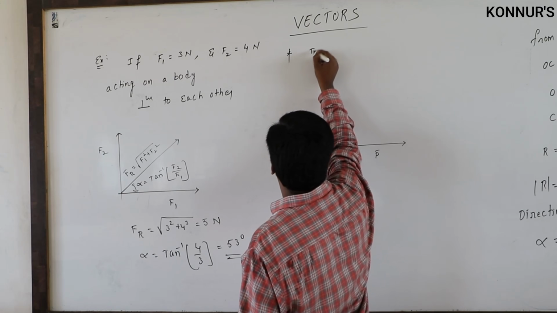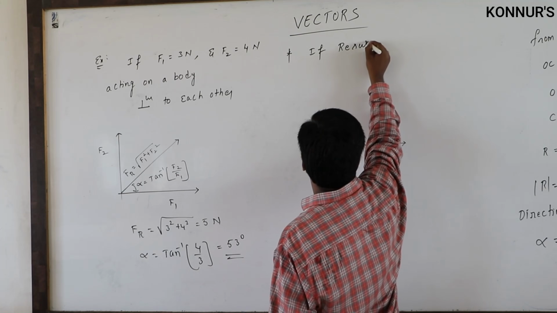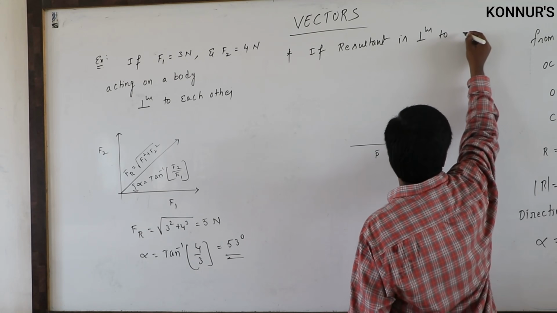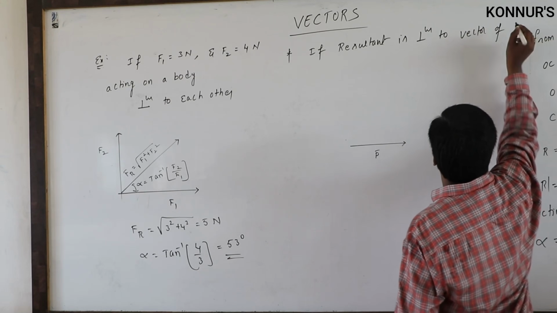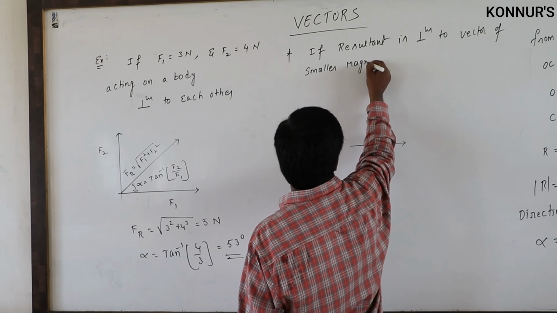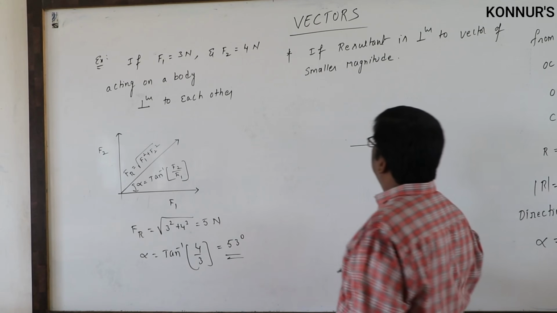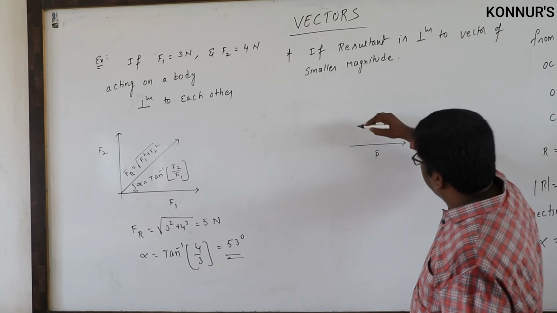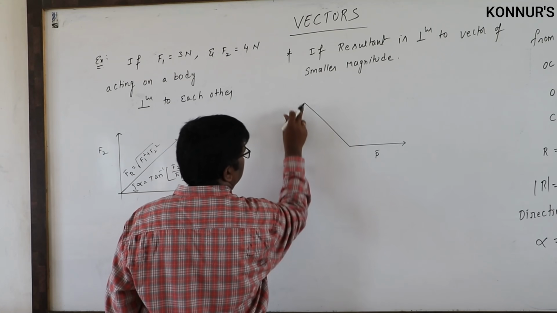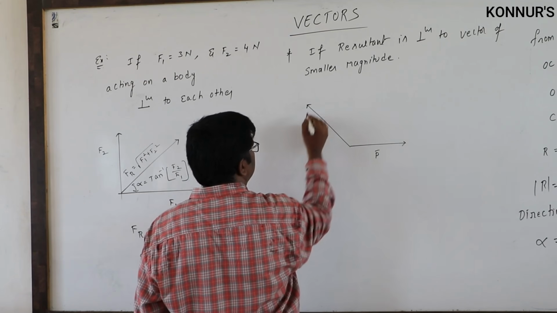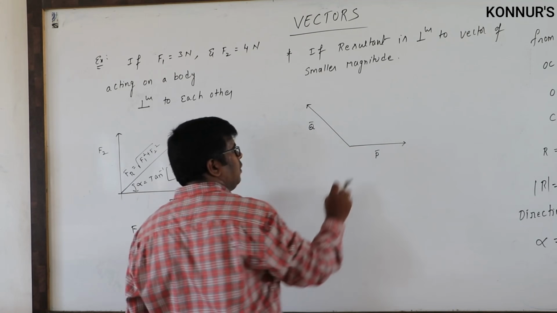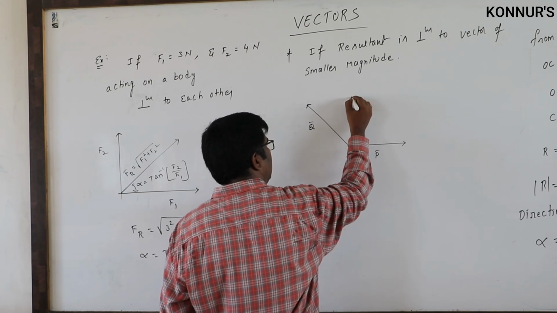So I am writing that if the resultant is perpendicular to the vector of smaller magnitude, so the resultant, this is the p bar vector and this is the q bar vector, and the resultant of these is perpendicular to the smaller magnitude vector, so this is the resultant.